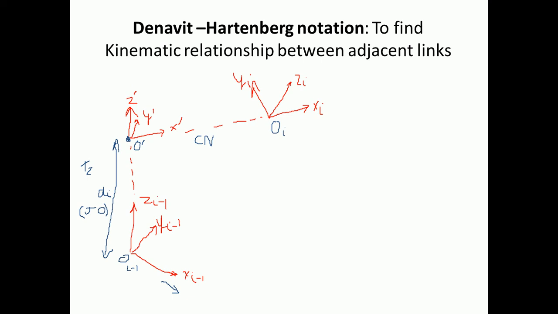Now what we have to do is rotate about z axis by some value, so that this x i minus 1 axis is going to be parallel with this x dash. When I rotate this x i minus 1 axis to keep it parallel with x dash, I represent this angle by theta i, and it is called the joint angle.